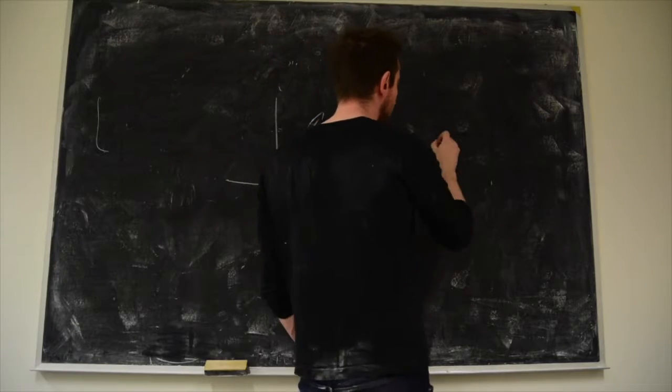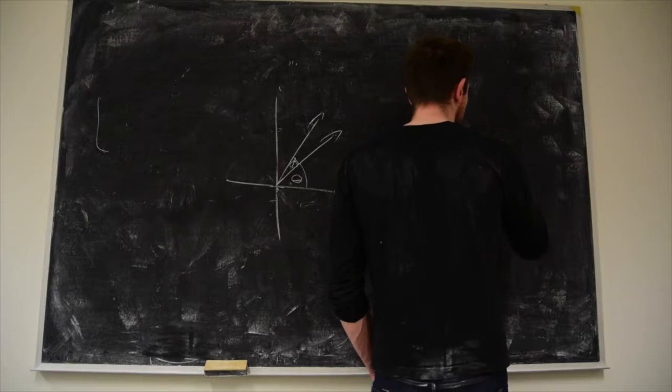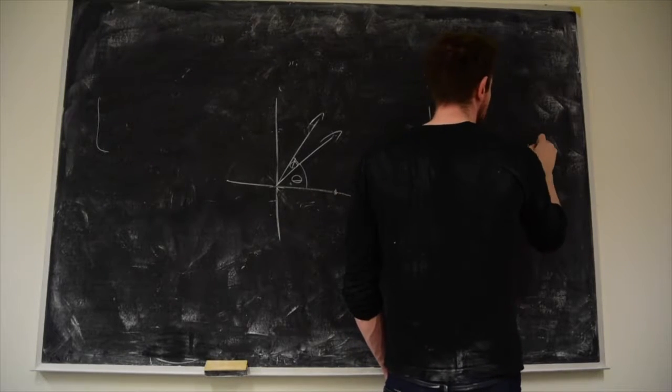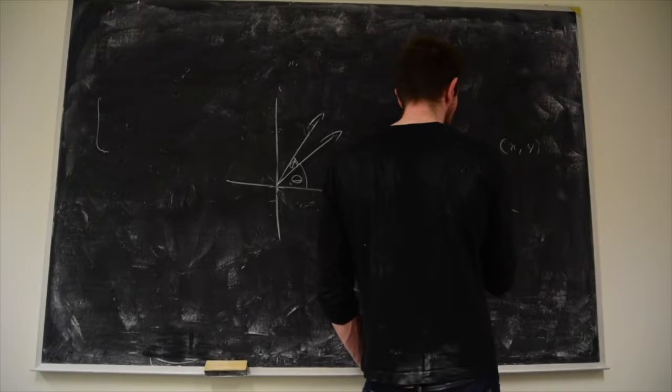So first, in order to be able to do this, we're going to have to discuss something called polar coordinates, which, if you haven't seen this before: if I have a vector with an x coordinate and a y coordinate, I draw a line down here, make a right angle.